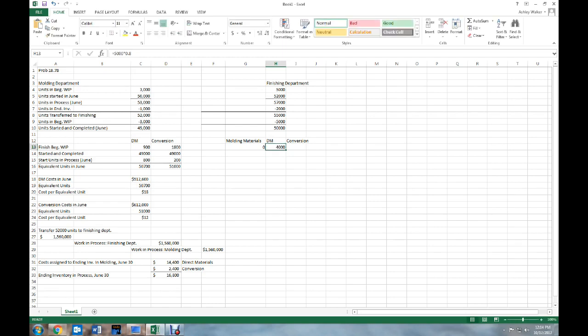With respect to conversion, they are 60% complete. So 5,000 units times 60%. Oh, sorry, I misspoke. They're 60% complete, so they require 40% to get them finished up. Sorry about that. Hope you're not terribly confused now.